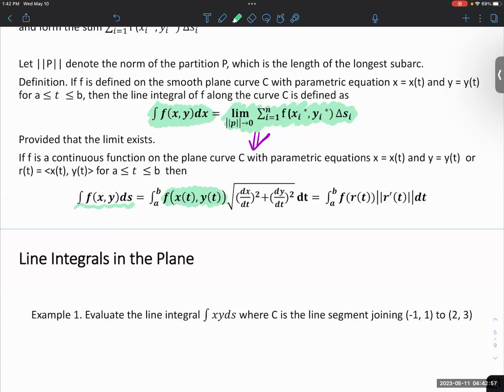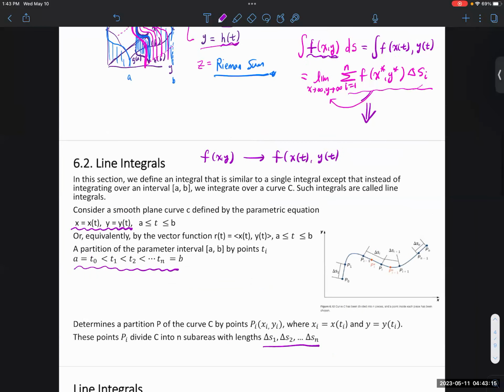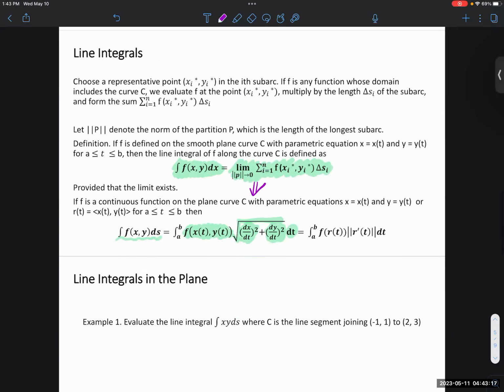And then you're going to take the derivative of each x and y equation with respect to t and square, and then take the integral with respect to dt. So this equation, I show you, is modified too. More concretely, this is the equation to find the area in three-dimensional space.